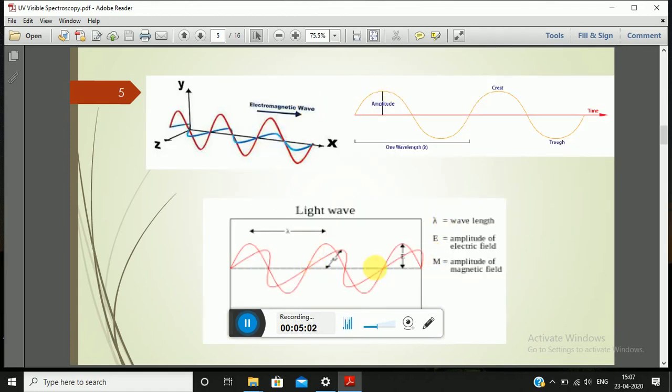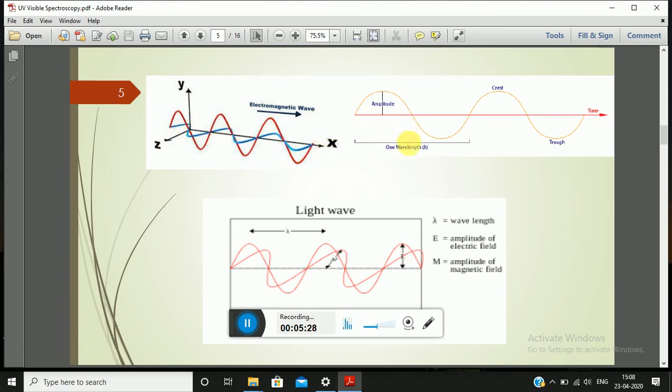Now, in the diagram shown here, we can see that the electromagnetic wave propagates in the direction of the x-axis, while the y and z axes correspond to the oscillation of the electric field and magnetic field respectively.